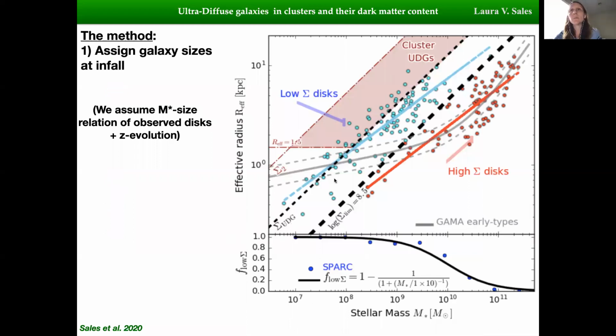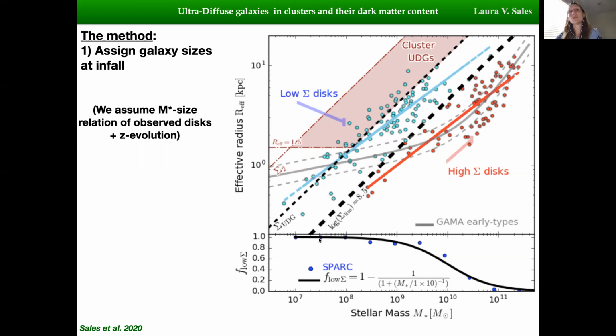We collected a sample of observed galaxies. In this case, this was coming from the SPARC sample, so basically galaxies for which we had rotation curves. And then you can plot the stellar mass versus effective radius of those objects, inspired by the distribution of how many of them are low surface brightness versus high surface brightness.